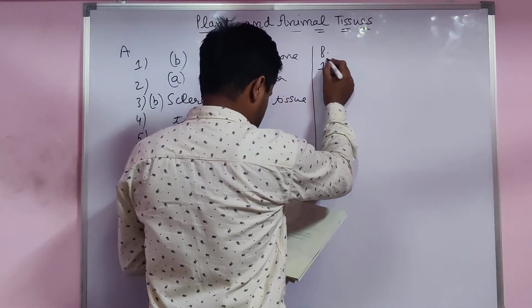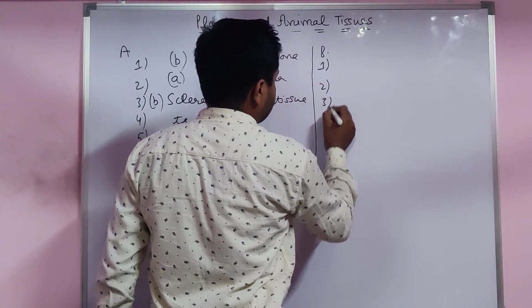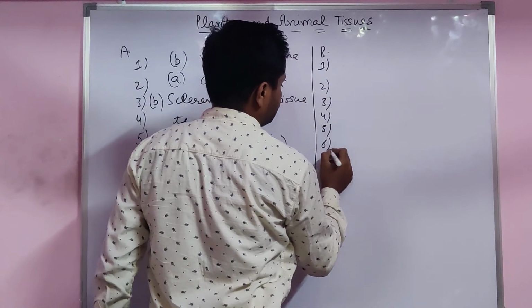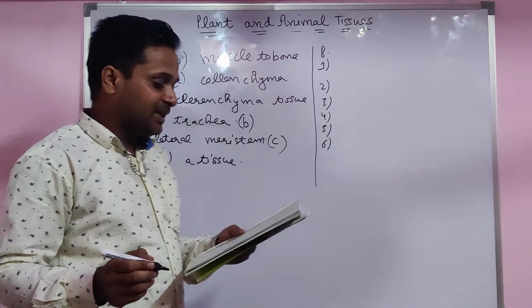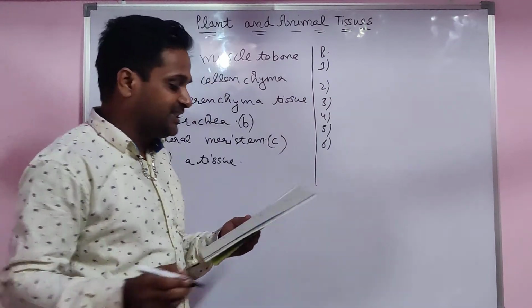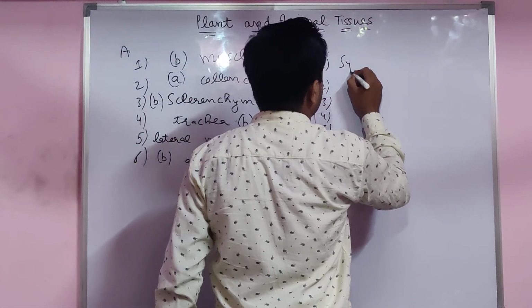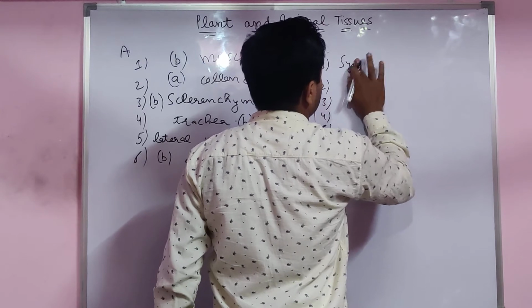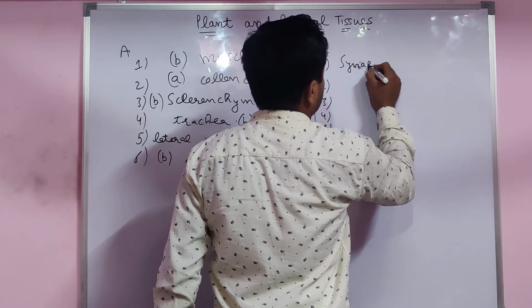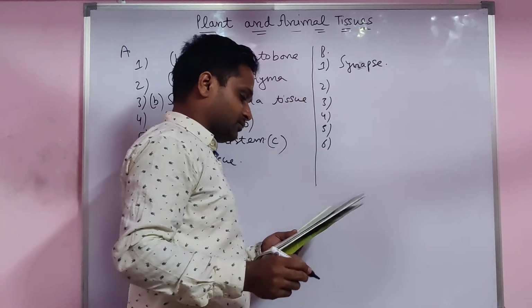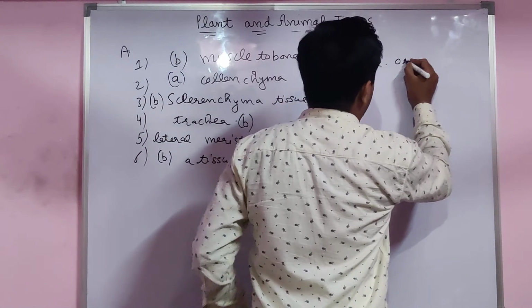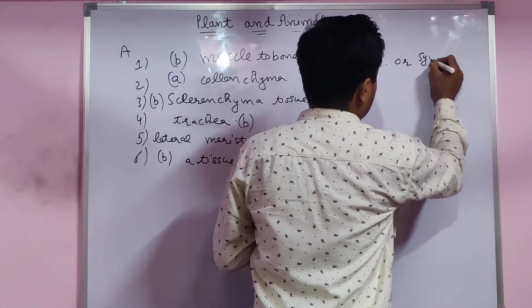Filling the blanks. First one. The gap between two neurons is called a synapse, or synaptic gap. Both names are there.